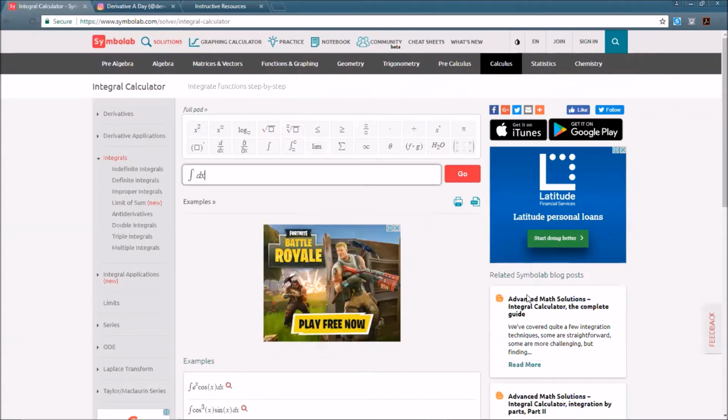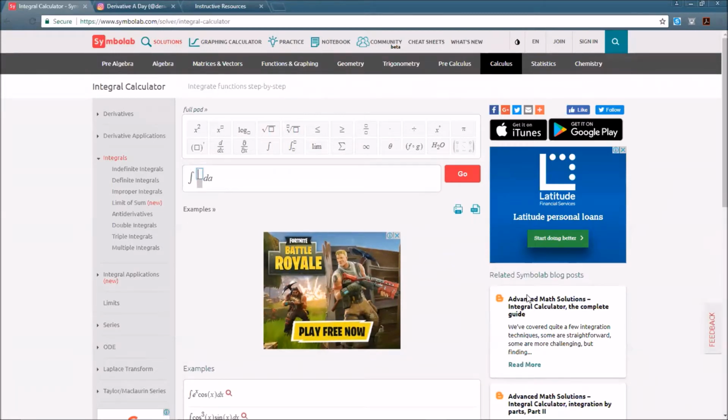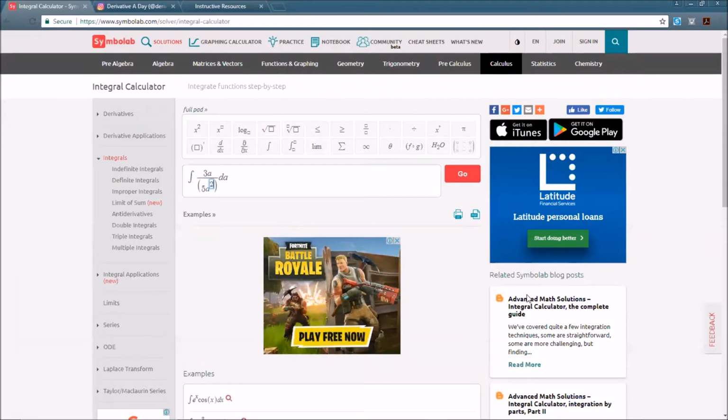Okay, so integrating with respect to a, and our initial function was 3a over 5a squared plus 2, and yep.